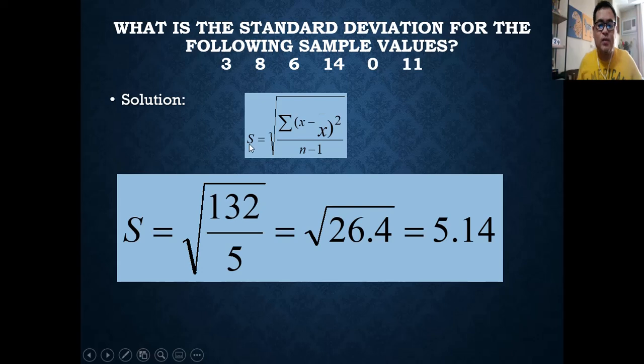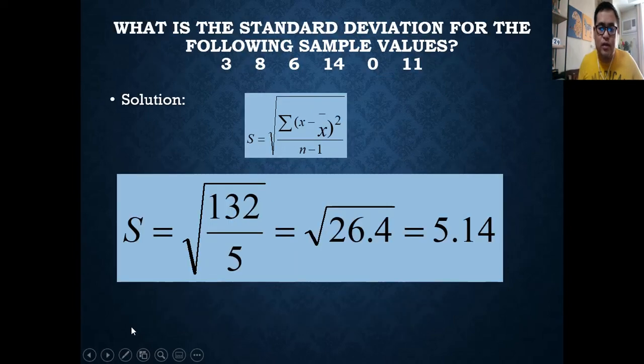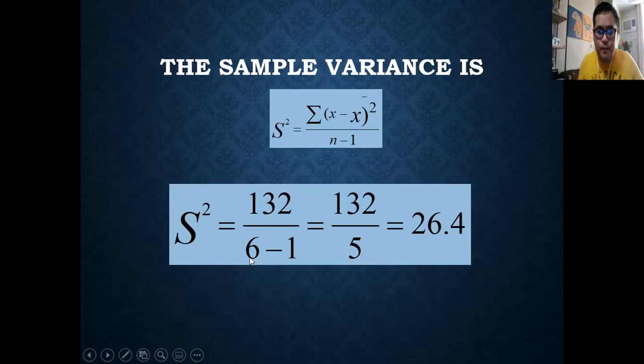What about the standard deviation? The standard deviation is that you just have to get the square root of the variance, or the sample variance. Get the square root of the variance on both sides. So we have s equal to the square root of 26.4, and then you'll get the standard deviation.